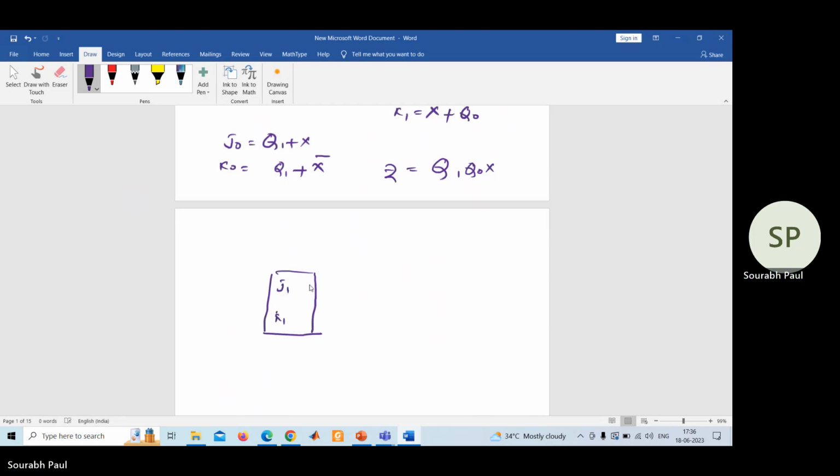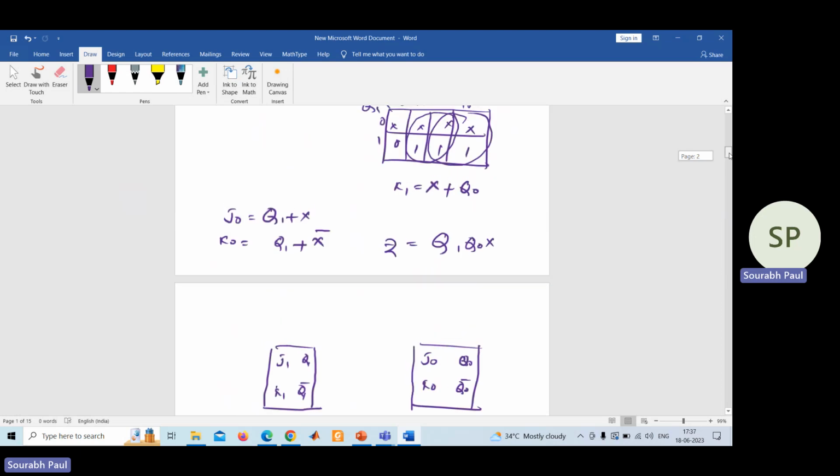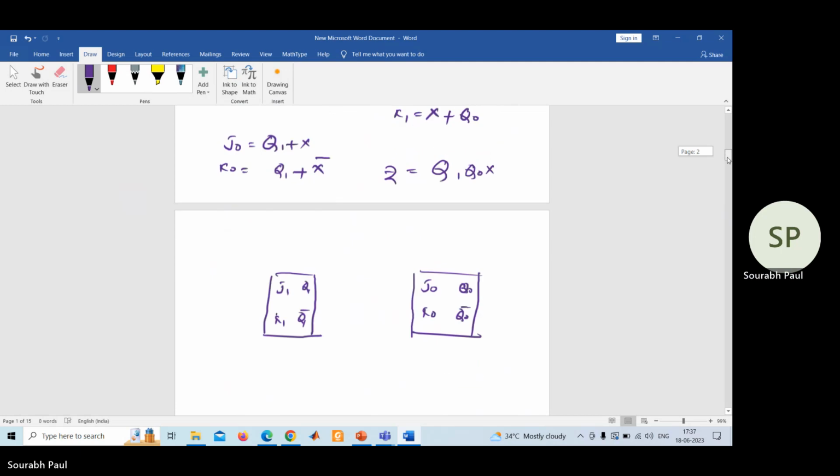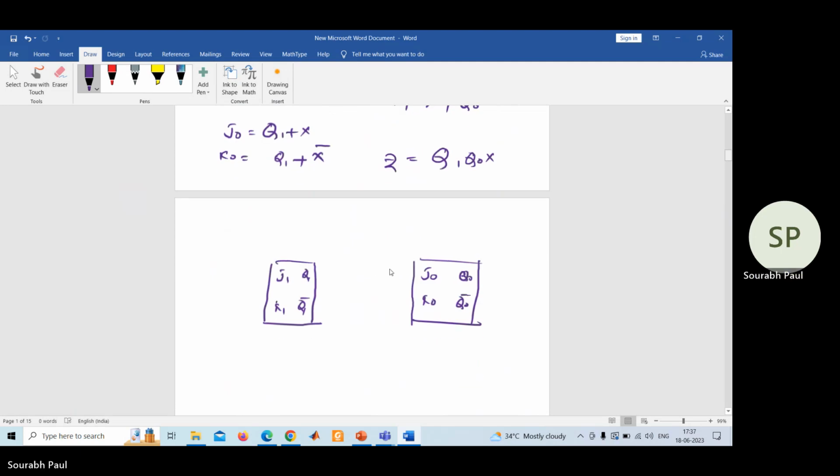That is J1, K1, Q1 output, Q1 bar output, and you have J0, K0, Q0, Q0 bar. Fine. Now, what you have to do is find the expression of J1, that is Q0 X bar. So suppose that is J1.